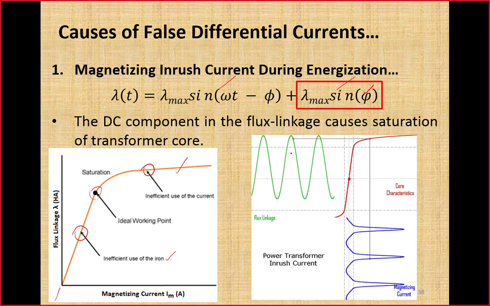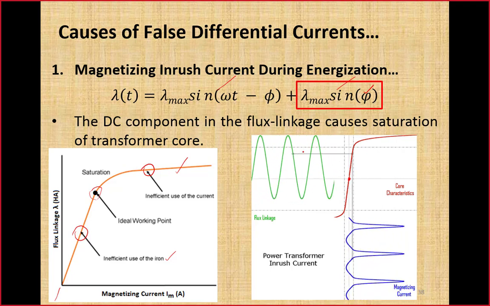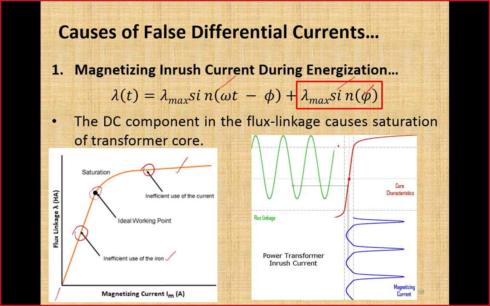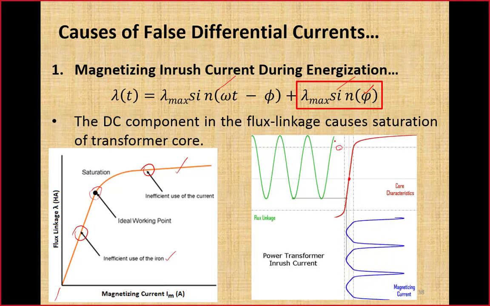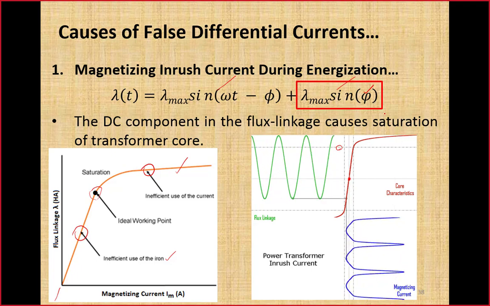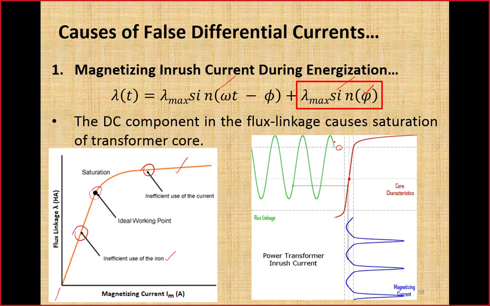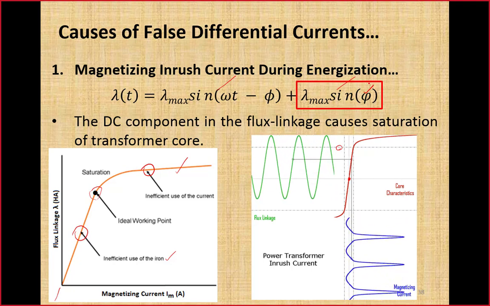Due to the DC offset, this sinusoidal flux has been offset in one direction. In our case, that has been offset in the positive direction. Here we can see this was the saturation limit for the transformer core. So beyond this point, flux will move into the saturation region, and we can see here flux linkage is crossing this limit in the positive direction. That is due to the positive DC offset in flux linkage.